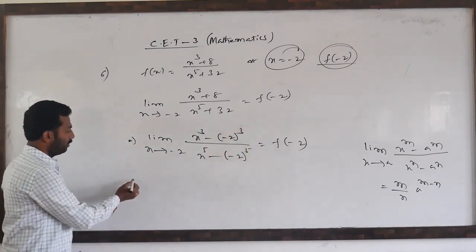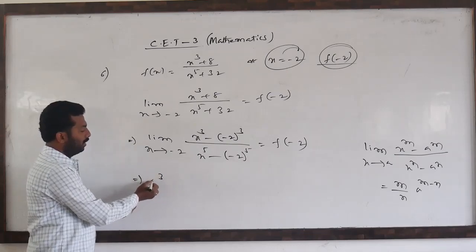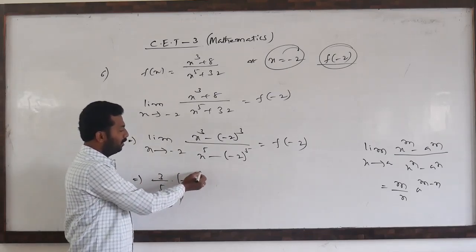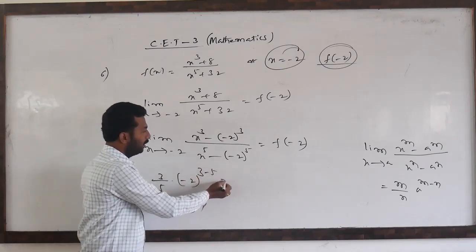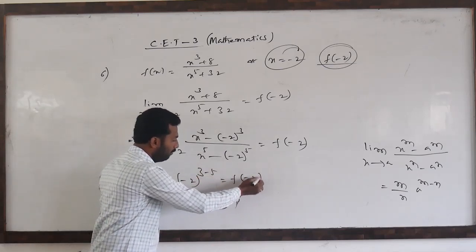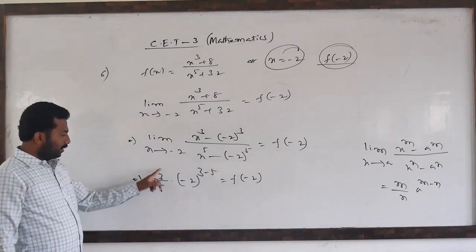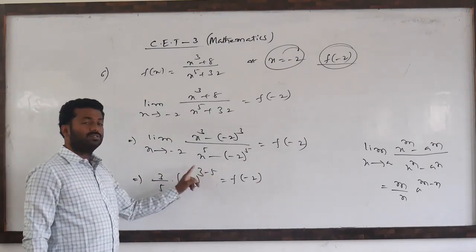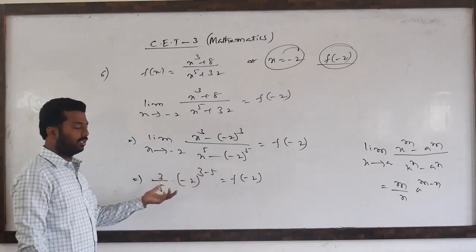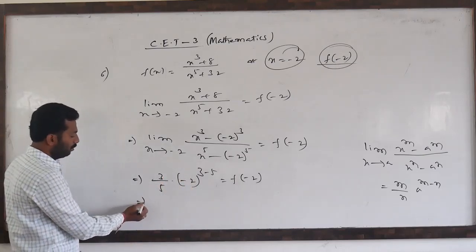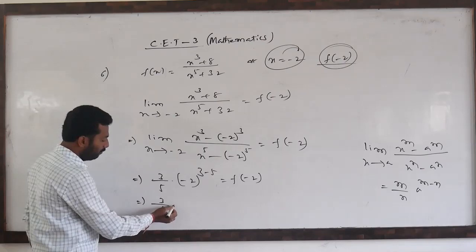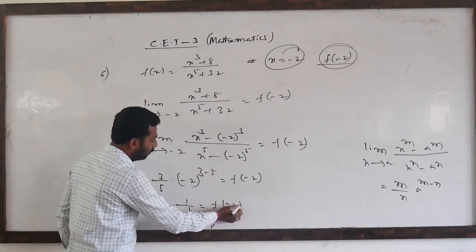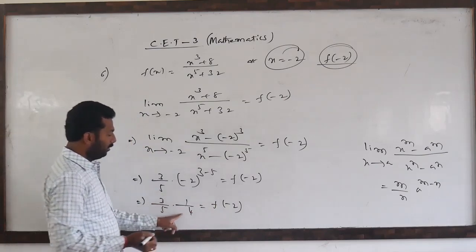Applying the formula, f of minus 2 is 3 by 5 times minus 2 whole power minus 2, which is 1 by minus 2 whole square, nothing but 1 by 4. So 3 by 5 into 1 by 4 equals f of minus 2. The answer is 3 by 20.